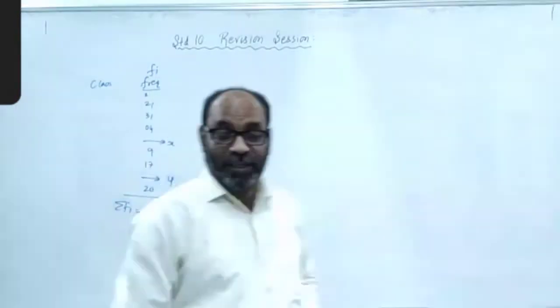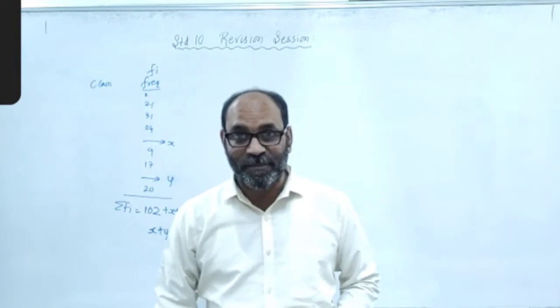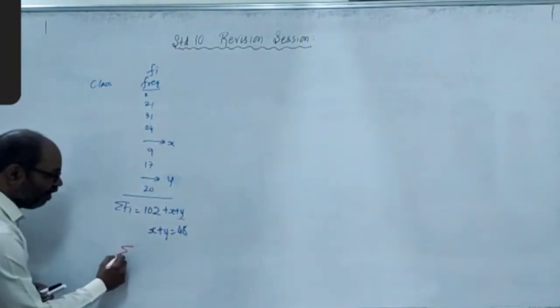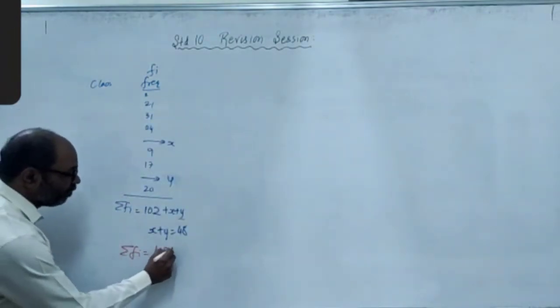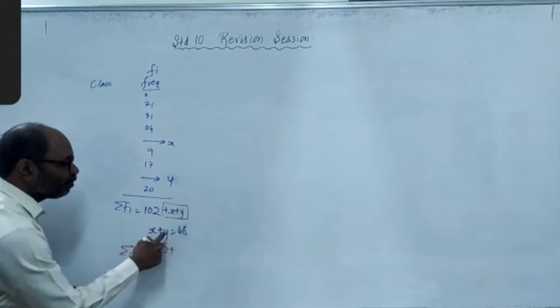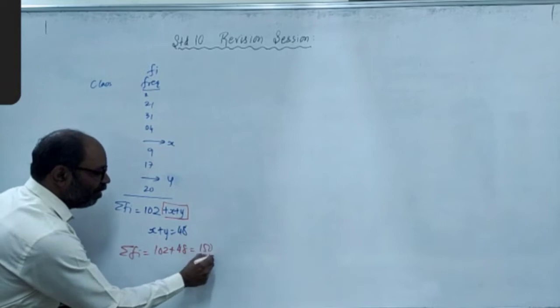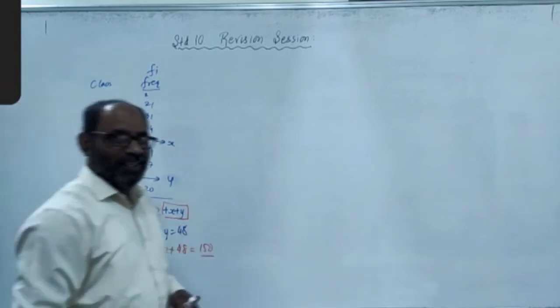Now you will need the total frequency, sigma Fi. Sigma Fi is 102 plus X plus Y. In place of that you may write 48, and that will make 150.